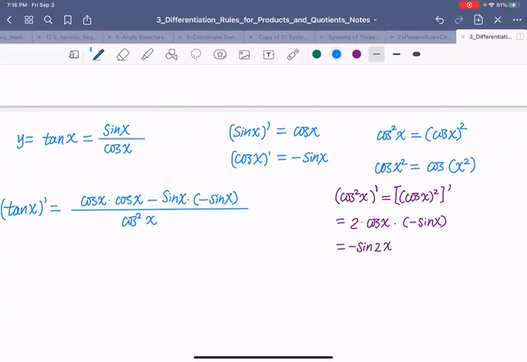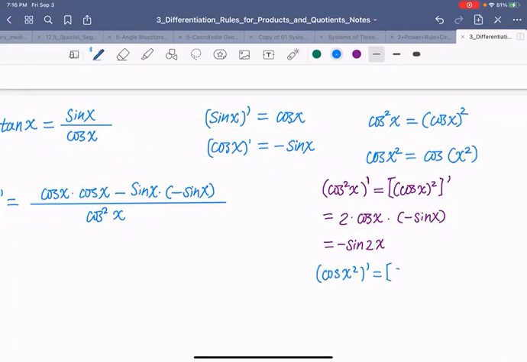Now, Olivia, cosine x squared derivative. How do I do this one? Wait, is it like... Who is the outer layer? Who is the inner layer?